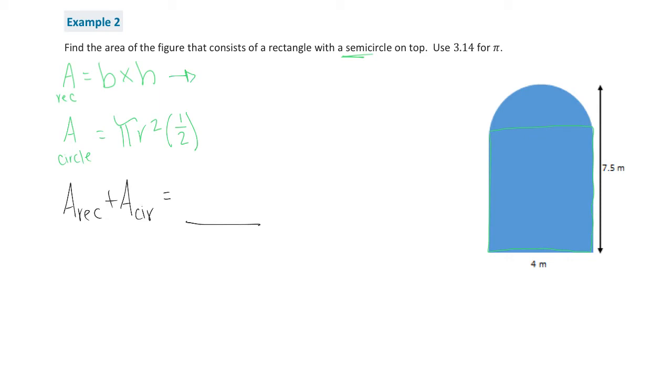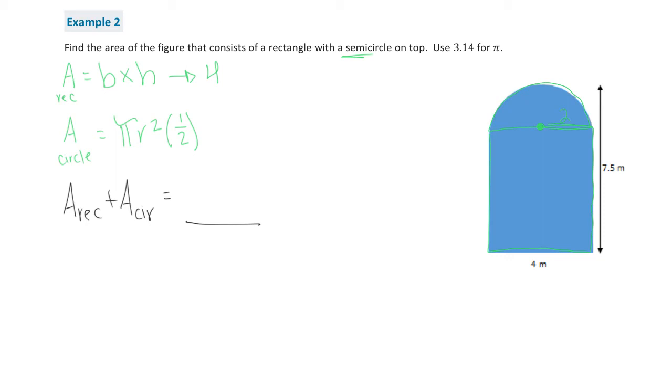And for our height, well, this is a little tricky here. To find our height, we're going to need to find the radius of this semicircle first. So here is our semicircle. We know that the diameter of this semicircle is 4 meters. And so that means that the radius of this semicircle is going to be 2.